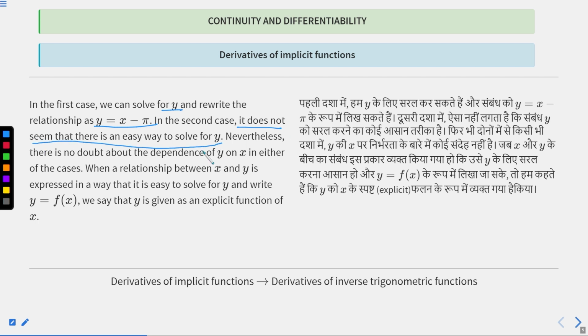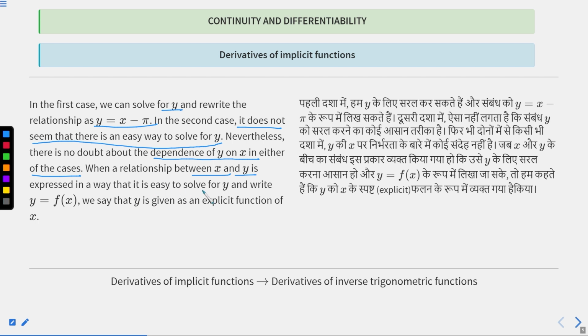We don't know for now whether we can separate it or not. Nevertheless, there is no doubt about the dependence of y on x in either case.